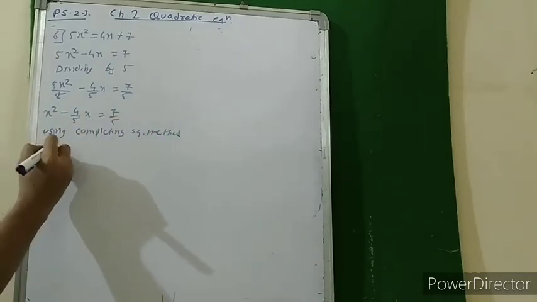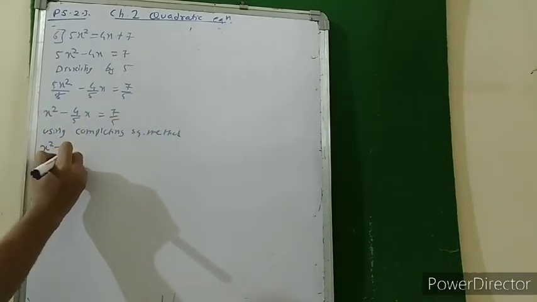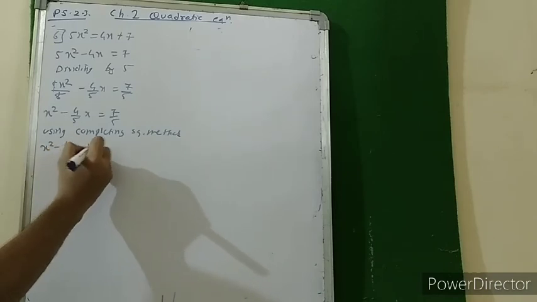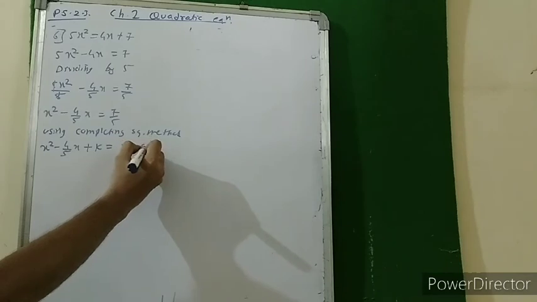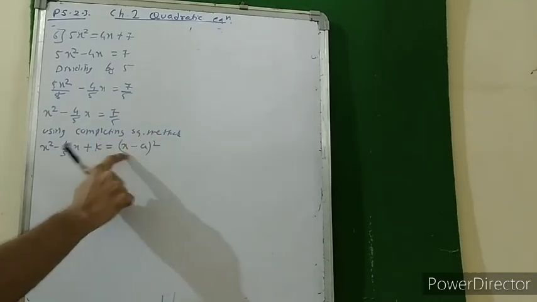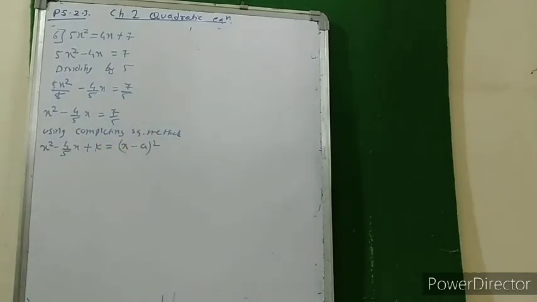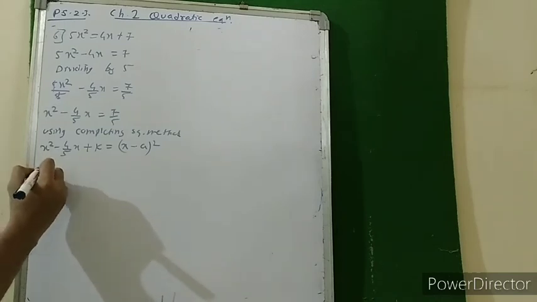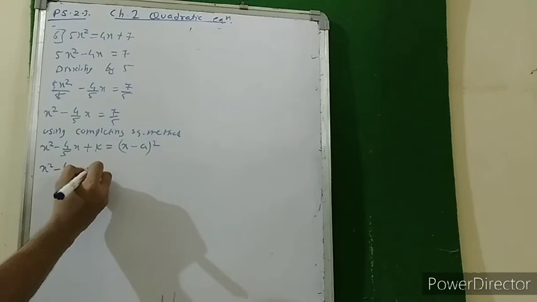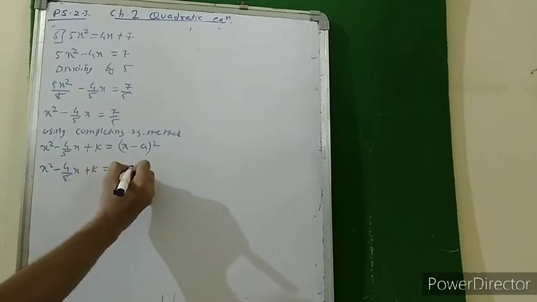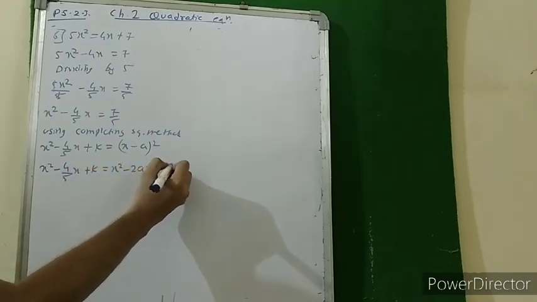method, we have x square minus 4 upon 5x plus k is equal to x minus a, the whole square. Why minus sign? Because it was a minus sign over here. So now we have x square minus 4 upon 5x plus k is equal to x square minus 2ax plus a square.